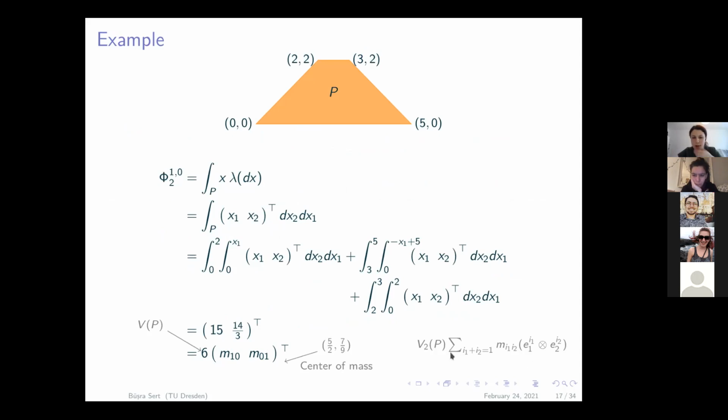Here it's just to remind us how the formula was. Here R was 1, so we were considering partitions of R, and we have (0,1) and (1,0). And having the unit vectors tells us which entry it is, and lets us write it as a tensor. Those moments correspond to the center of mass in this case, for example.